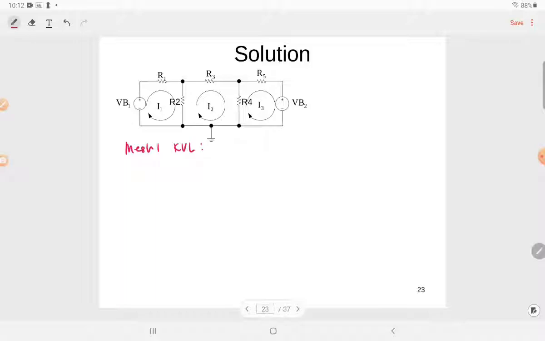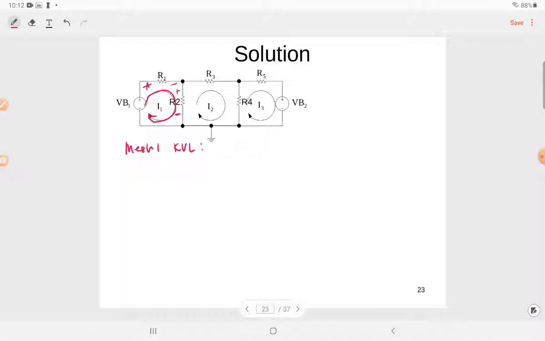By assigning the direction of current I1 clockwise, the voltage drop across R1 will have this sign, and this is the voltage drop across R2. It's very important to assign the correct sign for every voltage drop around the loop.